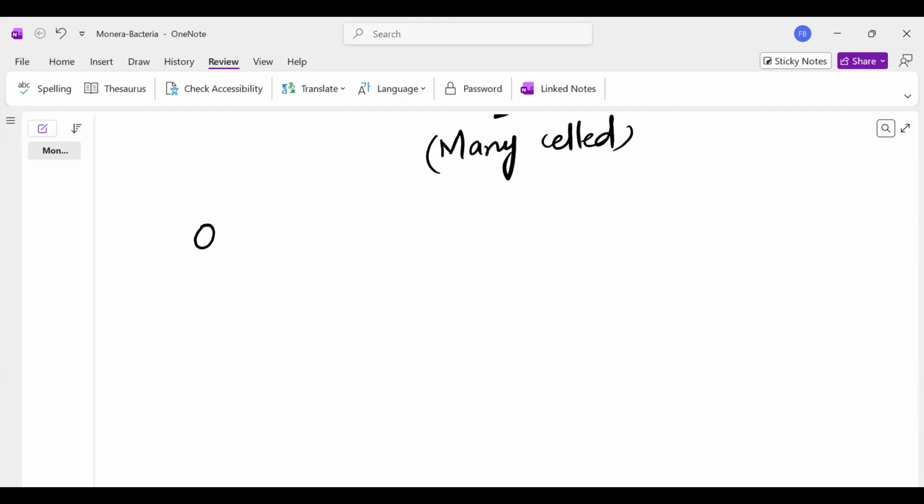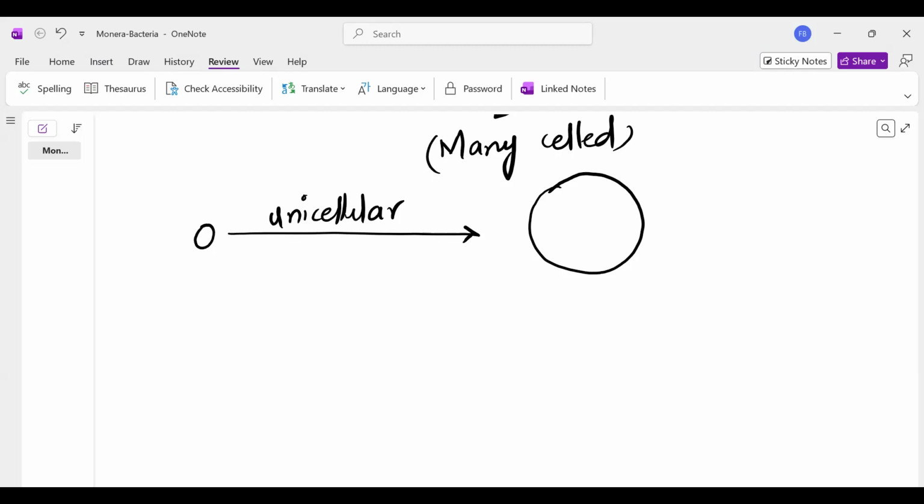After a year, it will just grow in its size. This is about a unicellular organism, because in a unicellular organism you don't have many cells. So obviously this little one cell will grow in size.